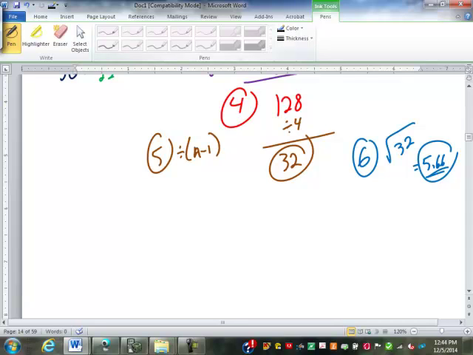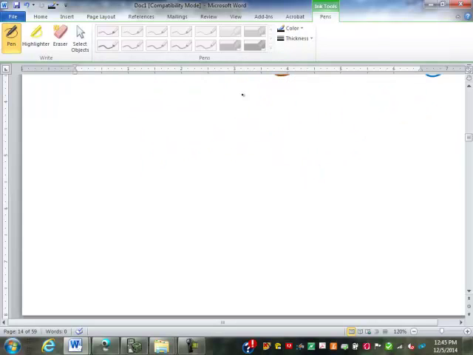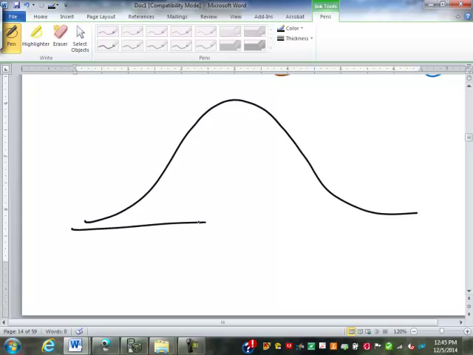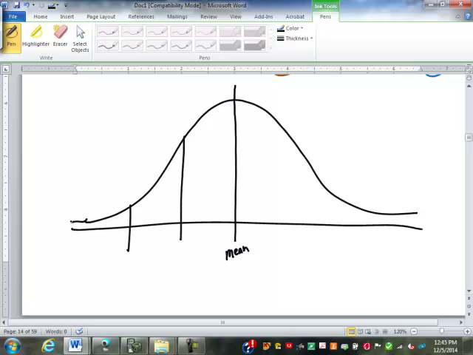Well, we go back to the bell curve. On our bell curve, it just happens to be that the mean and the standard deviation divide up our bell curve into set segments that are the same no matter what population we're looking at. The center of this, of course, is the mean, and we go out in steps of 1 standard deviation at a time.